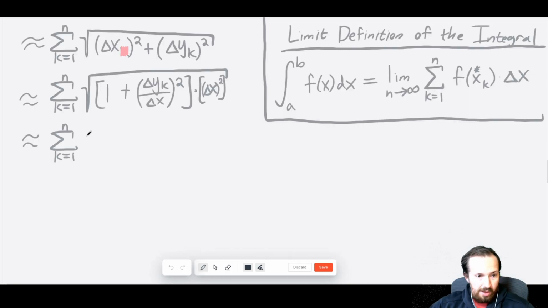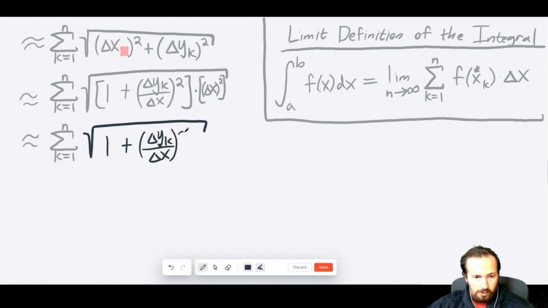So let's use that property. That's helpful to us right now. So we can rewrite this as the square root of 1 plus delta yk over delta x squared, and then times the square root of delta x squared. But what is the square root of delta x squared? Well, the square and the square root cancel out, so you really just get delta x.